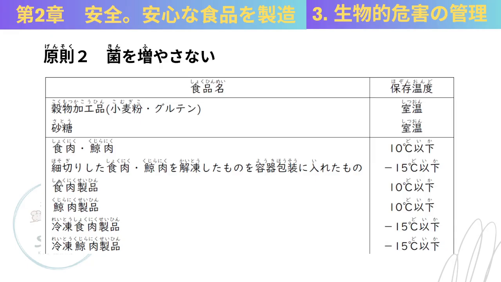In this Sukuniku Seihin, the meat product, you can store it at 10 degree or below. All of this below is okay. Like Sukuniku, Kuyaniku, like normal meat, if you store it at 5 degree okay, or even minus 15 degree okay.